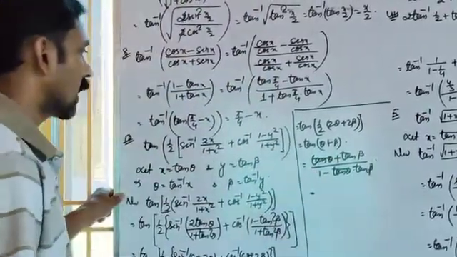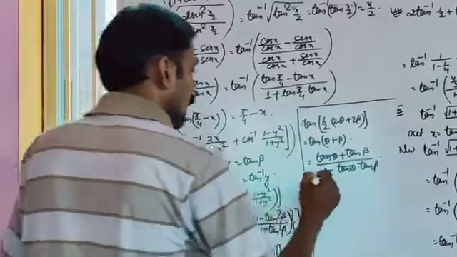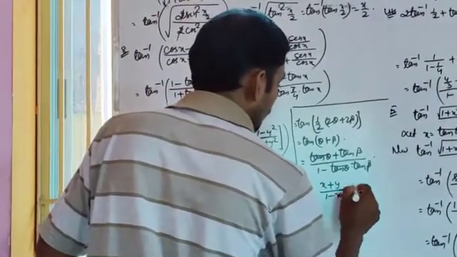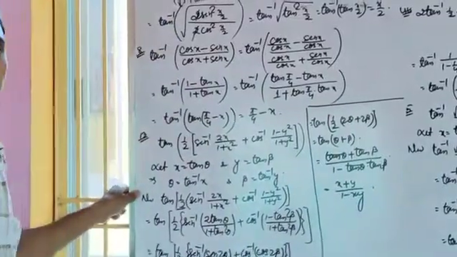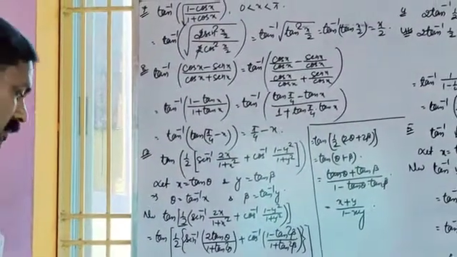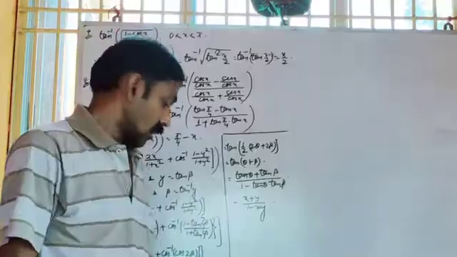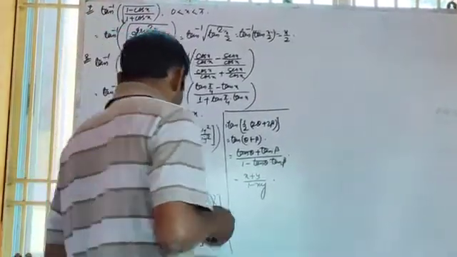Now what are the values of tan theta and tan beta? x and y, so it is (x plus y) by (1 minus xy). This is the value of this. Now question number 14.